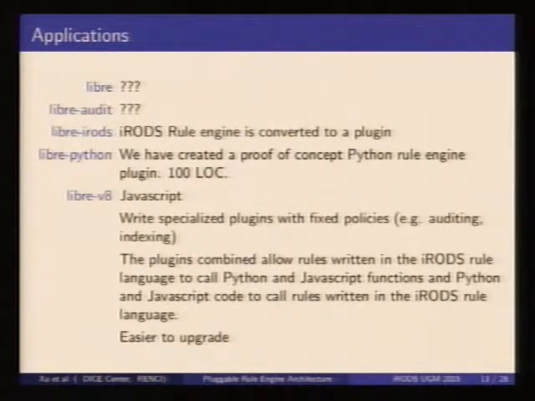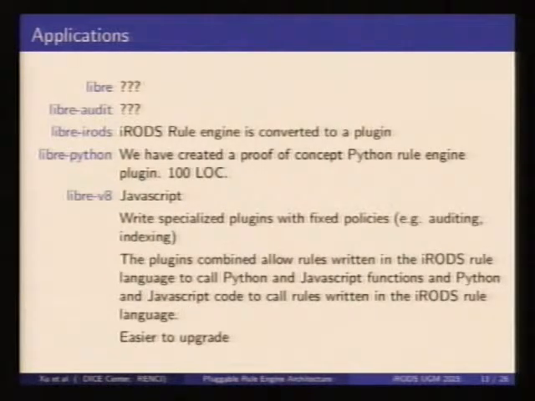The first one, libRE iRODS, that's the iRODS rule engine plugin. So basically, the iRODS rule engine converted to a plugin. Then there's libRE Python. So that's a proof of concept Python rule engine plugin, which allows you to run microservices written in Python. So Ben standing next to me here, he volunteered to create this one.